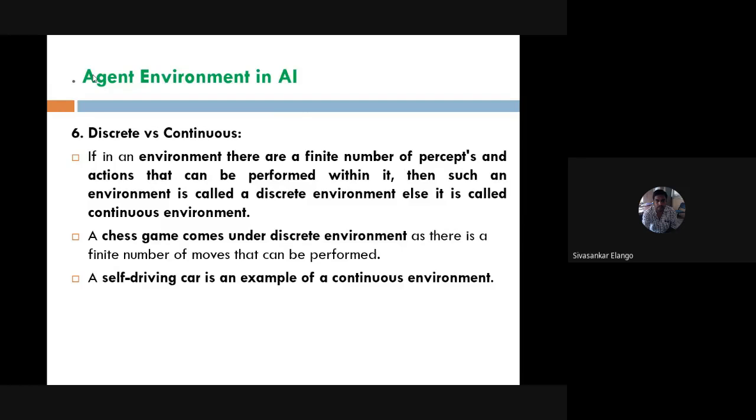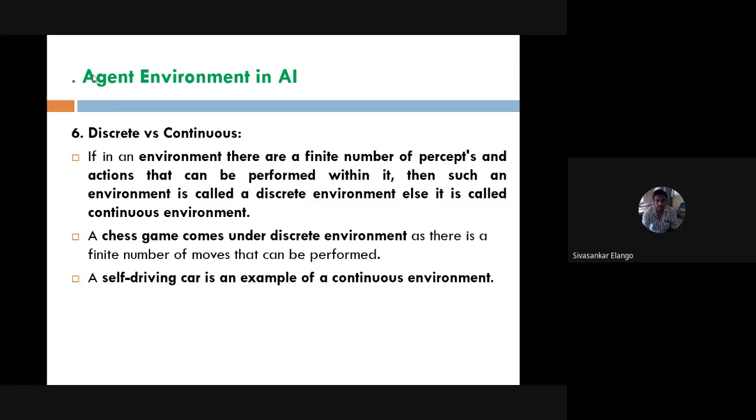And finally, an agent environment can be either discrete or continuous. Discrete means there are a finite number of percepts and actions that can be performed. So if we can have some finite sequence of actions that can be performed, then it's known as discrete. Else it's called a continuous environment.